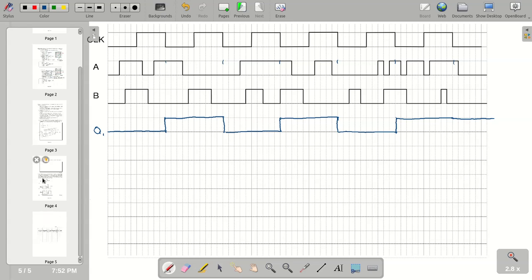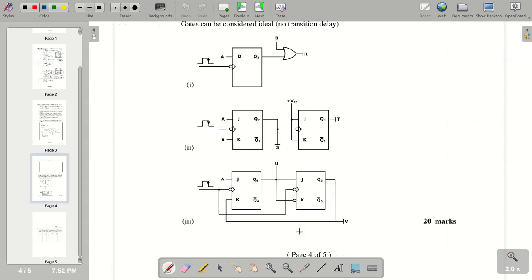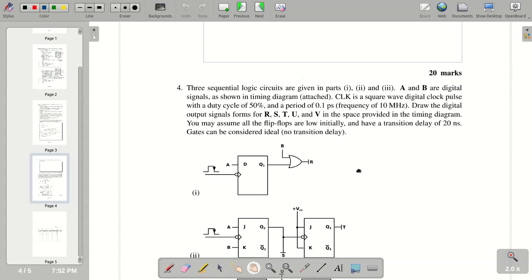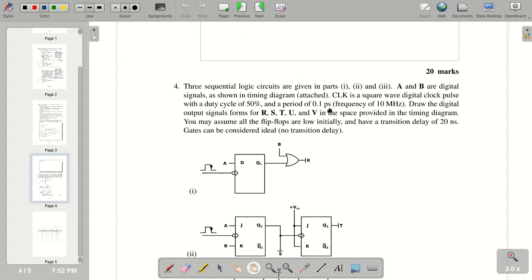Let's go back to the question and read up again to see what happens with the timing delay. The period is 1 picosecond, and we have a transition delay of 20 nanoseconds. What happens here? 0.1 picoseconds is 100 nanoseconds, and 20 nanoseconds is the transition delay.